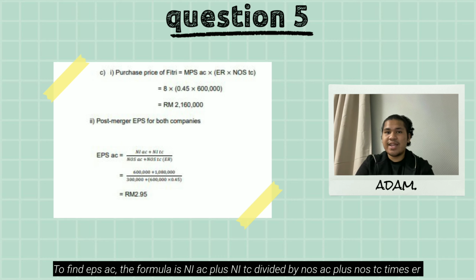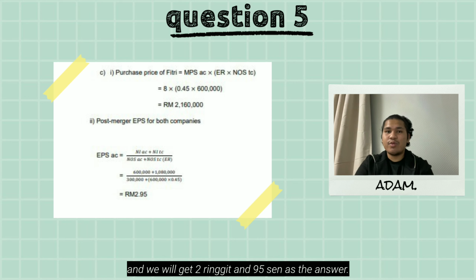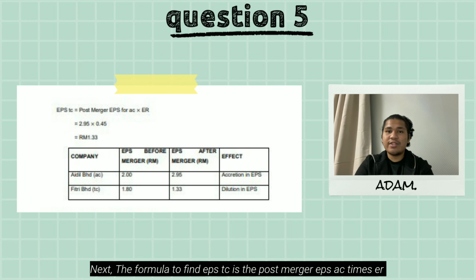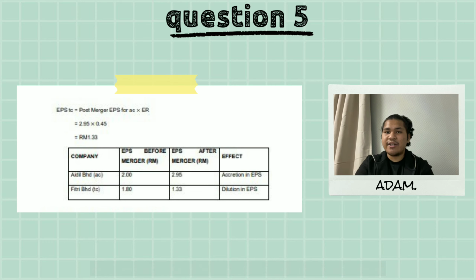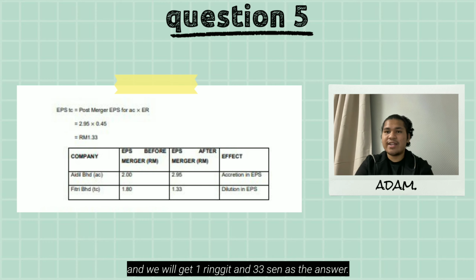To find EPS AC, the formula is (NI AC plus NI TC) divided by (NOS AC plus NOS TC times ER), and we get 2 ringgit 95 cents as the answer. Next, the formula to find EPS TC is the post-merger EPS AC times ER, and we get 1 ringgit 33 cents as the answer.